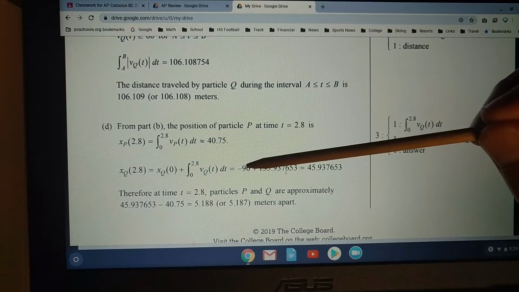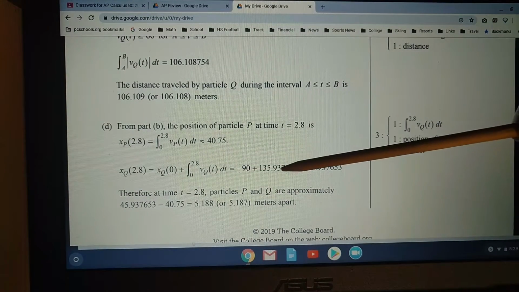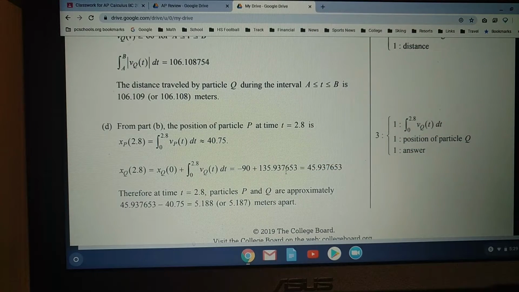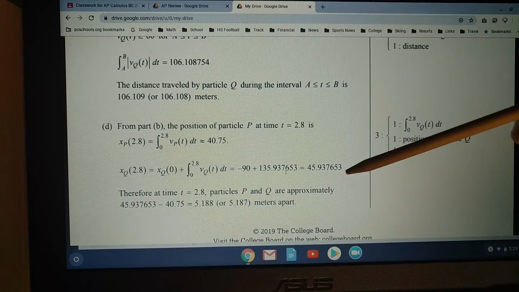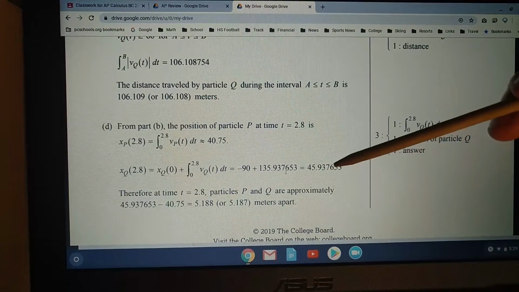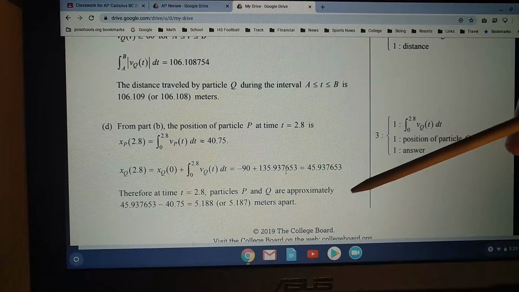And we know that's going to end up being this negative 90 plus this, so that we get our answer there, which ends up being this.